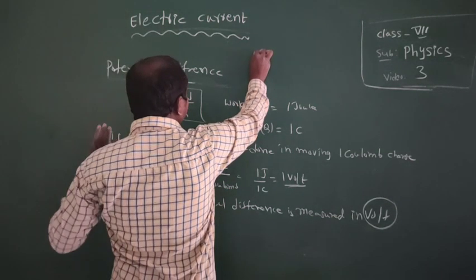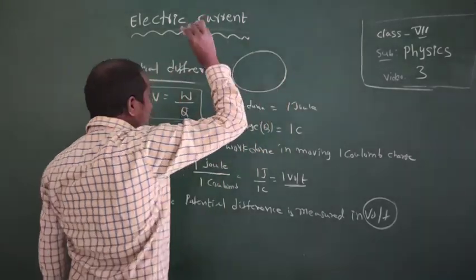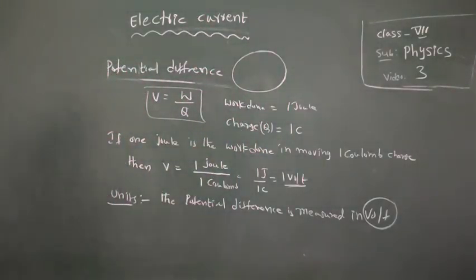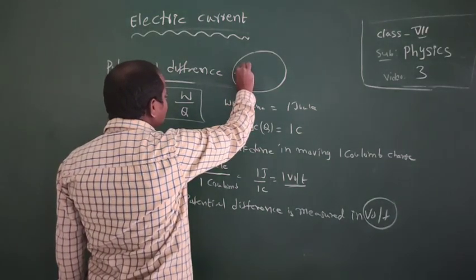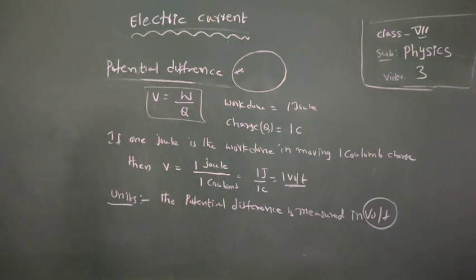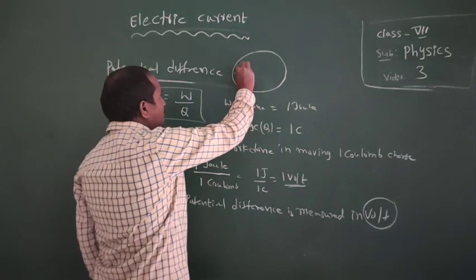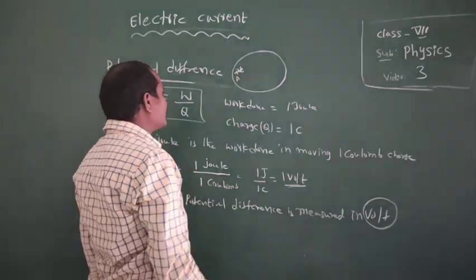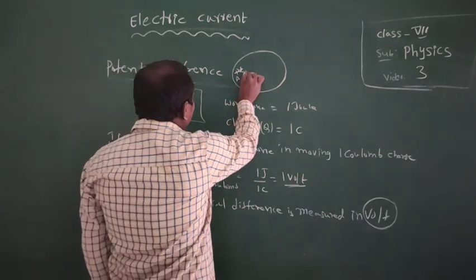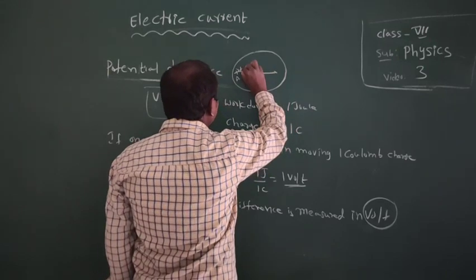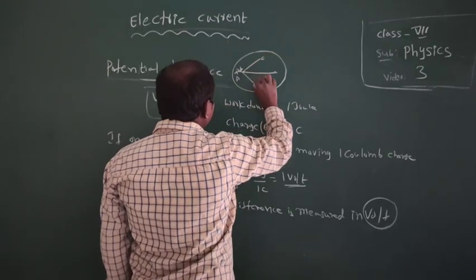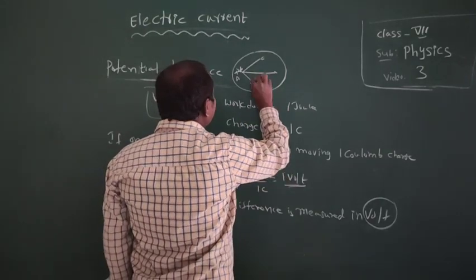Let us consider it is an electric field. 1 unit of positive charge, for example, at A. Now the positive charge moves from A to B, or B to C, or C to D in the electric field.